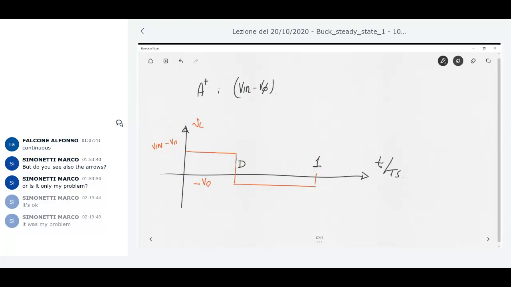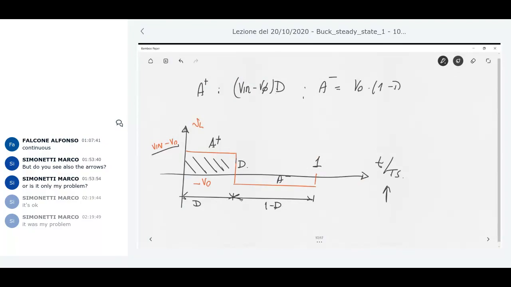So this interval now is D, and this interval now is 1 minus D. This is because I rescaled directly. So the area A plus is Vin minus V naught multiplied by D. The area A minus, which is this one, is simply V naught multiplied by 1 minus D.